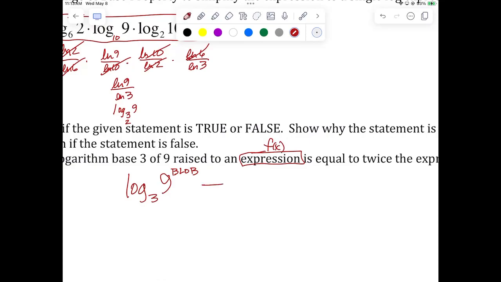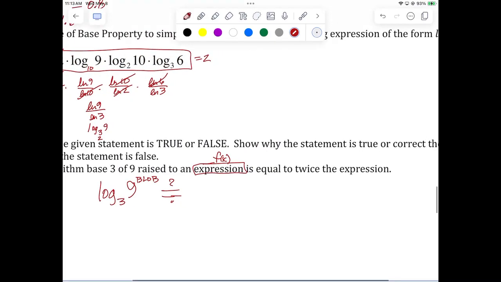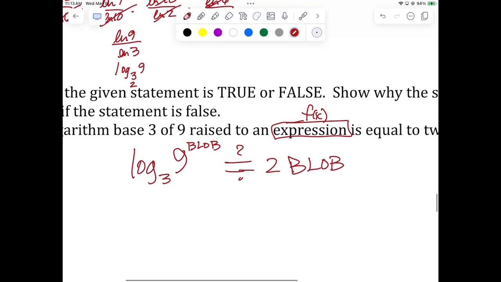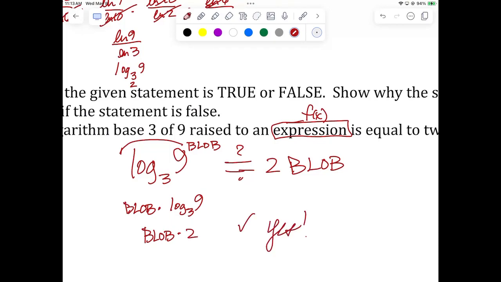Is it equal to, I'm going to put a question mark on the equal sign, is it equal to twice the expression blob? Bring the blob to the front, and you get blob times log base 3 of 9. And what is log base 3 of 9? It's 2, so that's blob times 2, which is 2 times blob, and the answer is yes, it works. Or, I'm sorry, true.